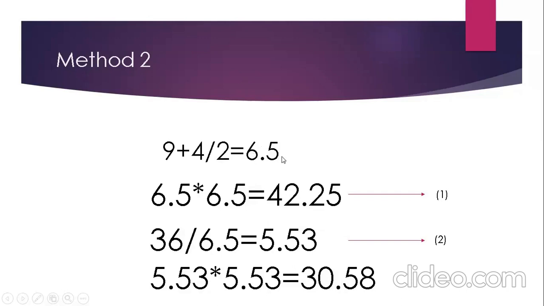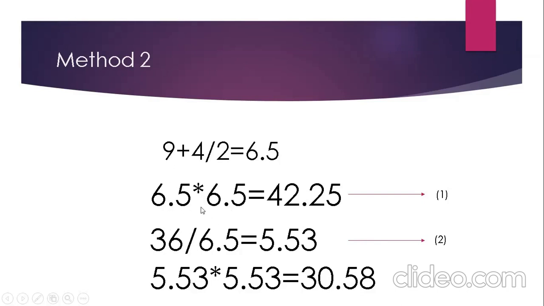So with this number, you just multiply 6.5 into 6.5 using the first equation. You get 42, where 42 is greater than 36. So we will go and use the second equation. What is the second equation? m divided by n, right?